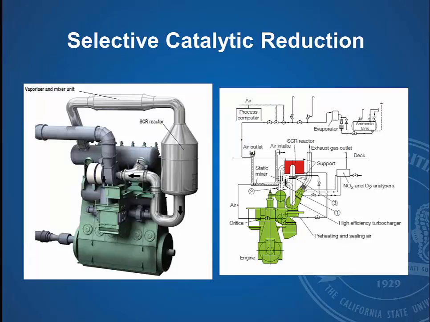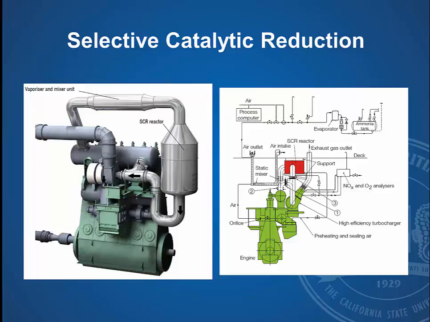So this is an illustration from Burmeister & Wain, and you can see this vaporizer. Coming off the exhaust gas receiver, it goes into this vaporizer and mixer unit, and that way you're trying to mix that ammonia in with your exhaust gas so that it's prepared to go into the catalyst. And then you have your SCR reactor.